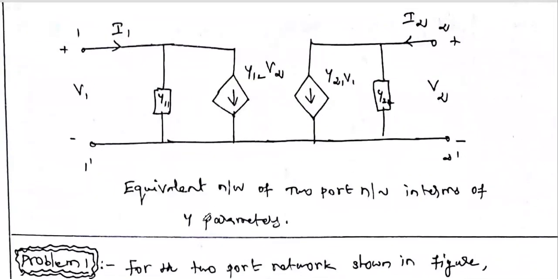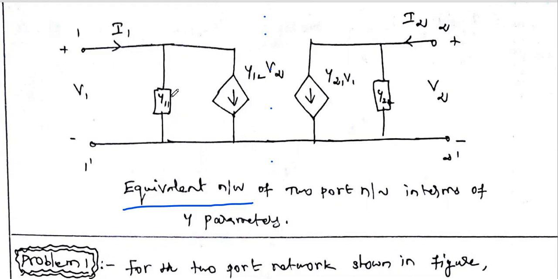The next one is the equivalent network of the two-port network in terms of the Y parameters. If you want to represent the two-port network in terms of the Y parameters, this is the equivalent diagram. This first half indicates equation number 1, the Y parameter equation: I1 equal to Y11 into V1 plus Y12 into V2.